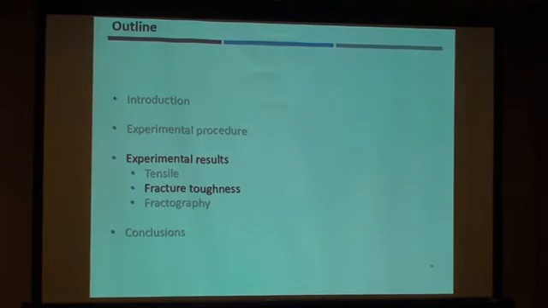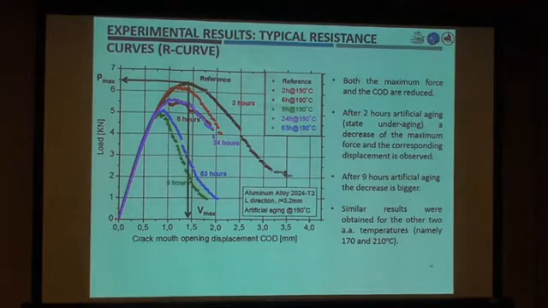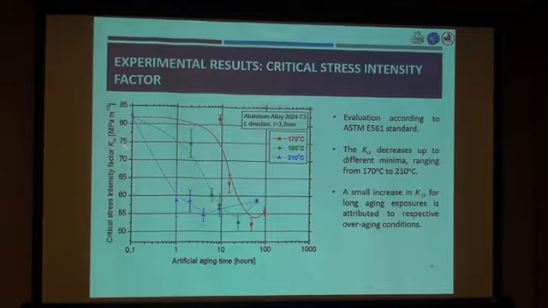I will now shift to the fracture toughness test, but it's something that we have analyzed before, a month or so ago. So you can see these are the typical resistance curves. Here are the critical stress intensity factors.